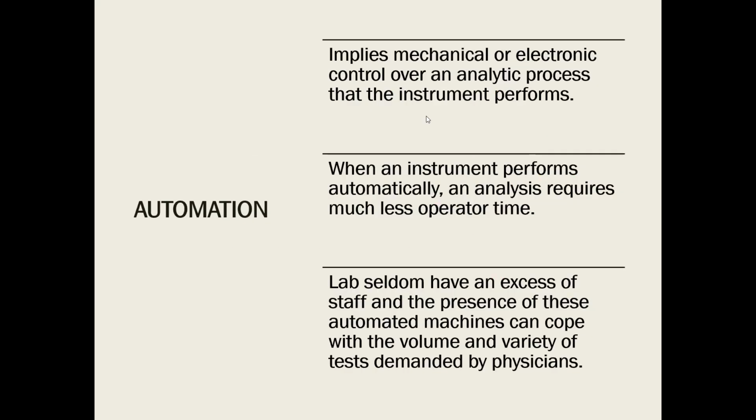Now, when we say automation, it implies mechanical or electronic control over an analytical process that the instrument performs. You will just load the sample in the machine and let the machine do the analytical processing. Let the machine do the testing and the quantification of the analytes to be tested.